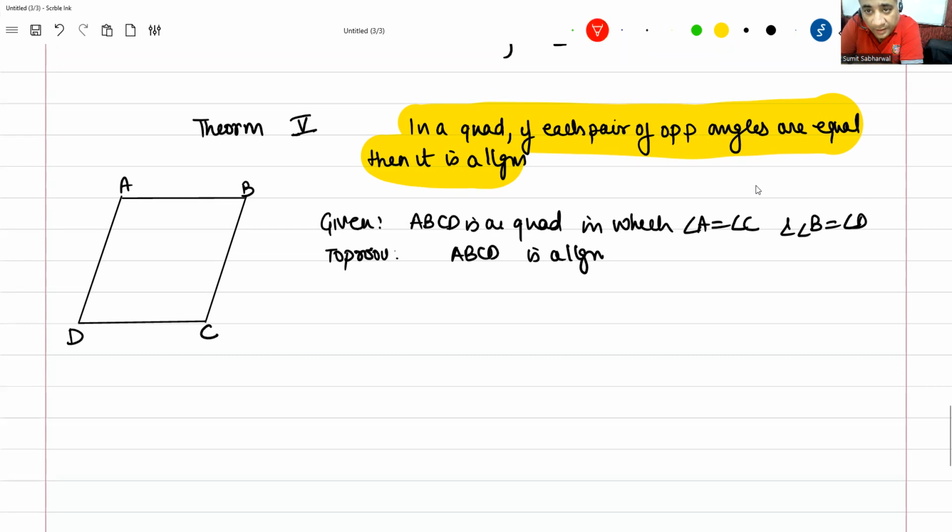So let us mark what is given in the question. Angle A is equal to angle C and angle B is equal to angle D.